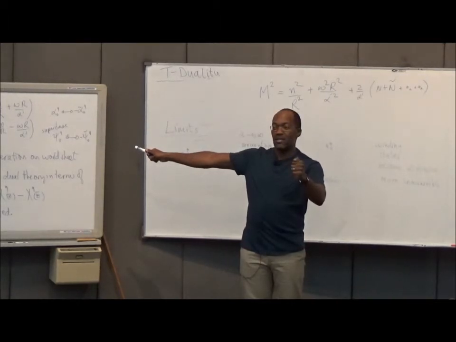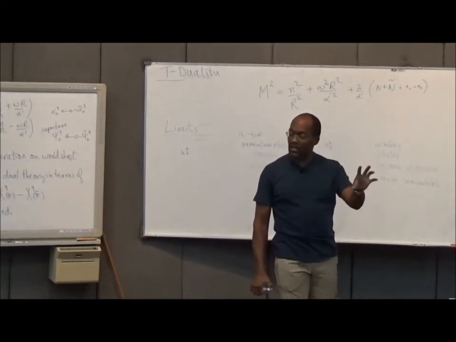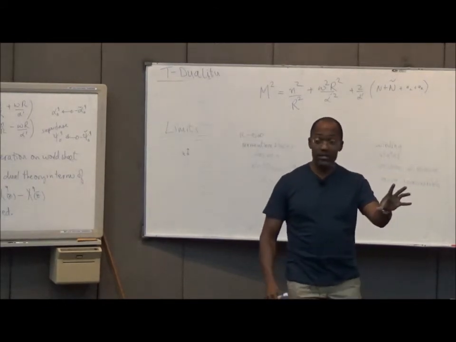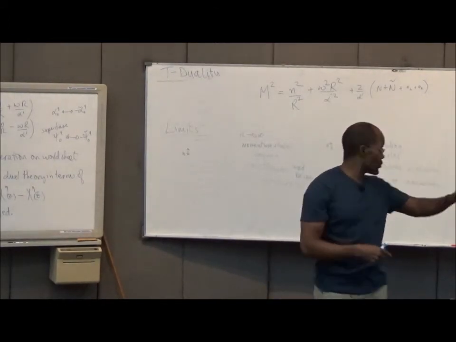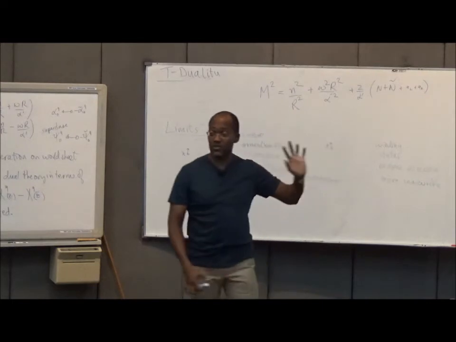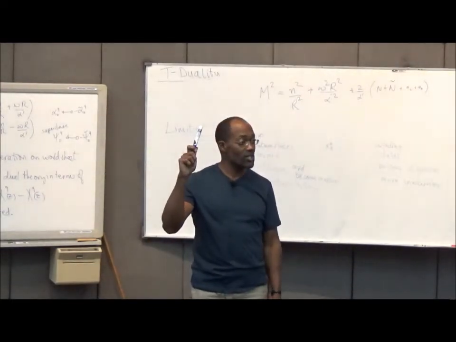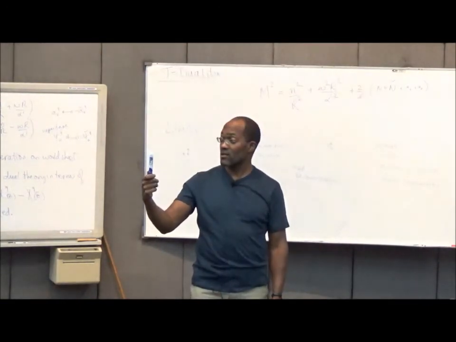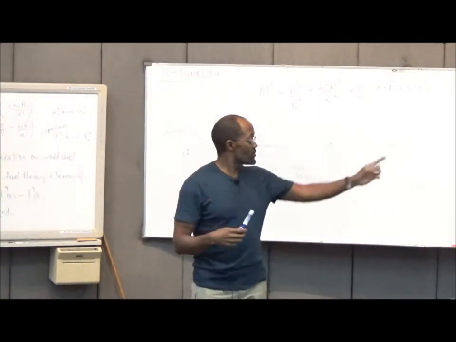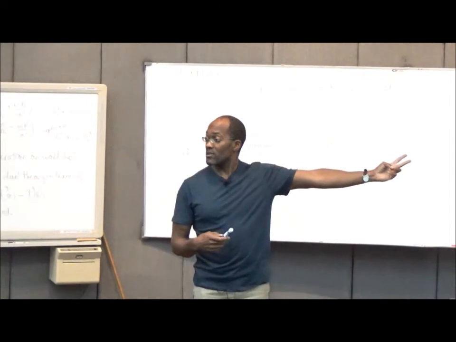What does that mean? It means when you do T-duality on the type 2a string, you put it on a circle, you do all the stuff we just did, you look at the mass spectrum and everything. When you look at the fermionic sector, you'll realize that it becomes the type 2b string if I make the duality swap. Does that make sense?